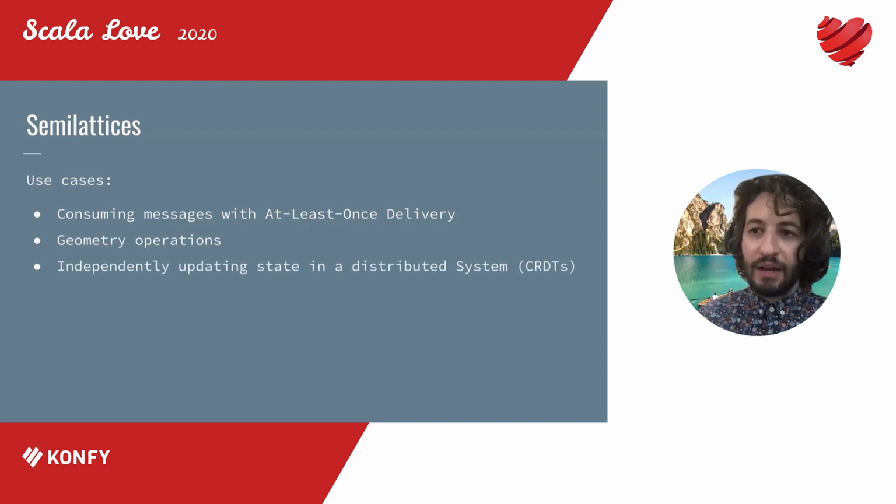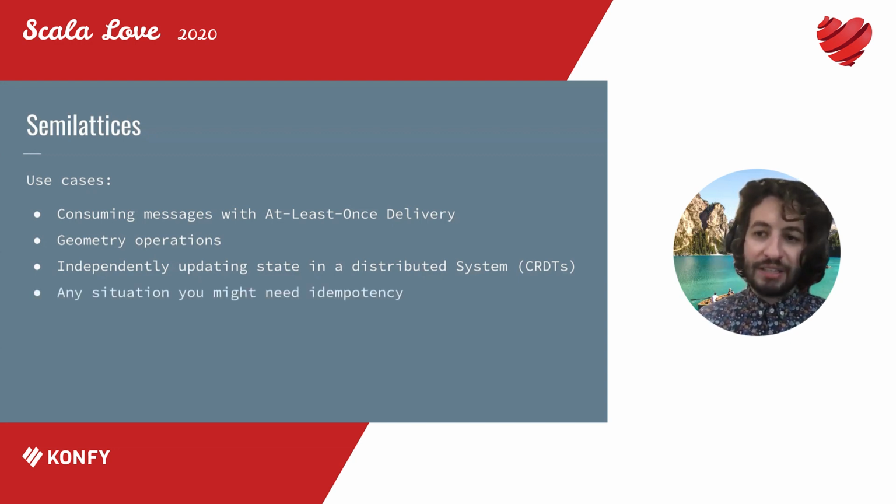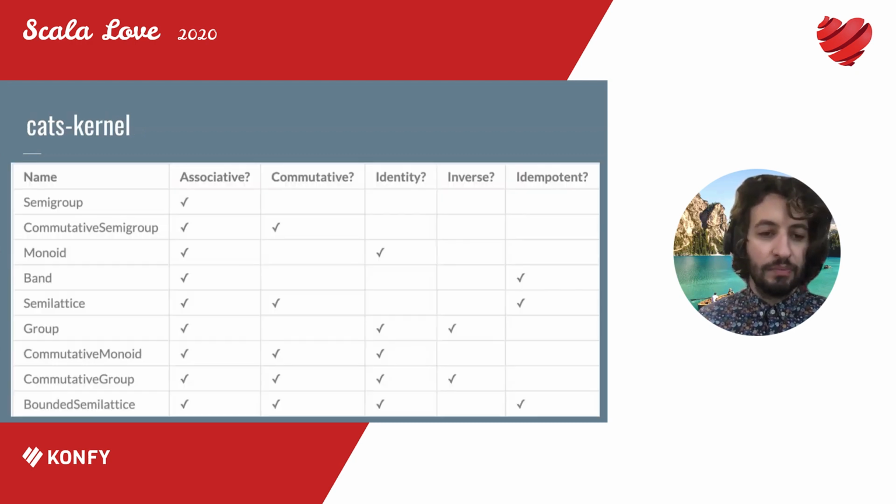Or, as I said before, updating state in a distributed system where you don't have the guarantee that everything will always be delivered to all these different nodes. So something like CRDTs can be modeled very well using semilattices. And in fact, I think it's been done in the CATS book by, I want to say, Noel Welch and Dave Gronell. Basically any situation where you might need idempotency, you can model it mostly as a semilattice or something similar.